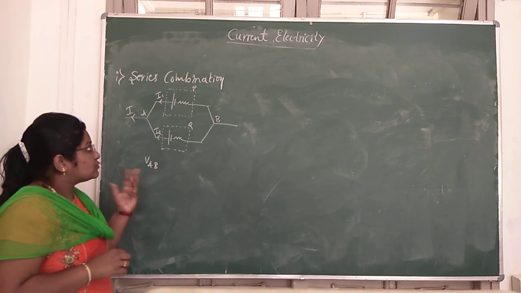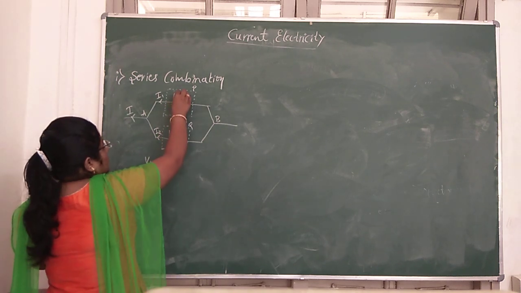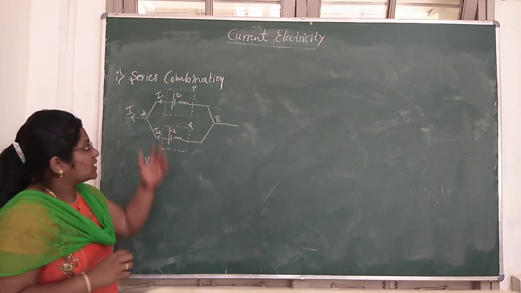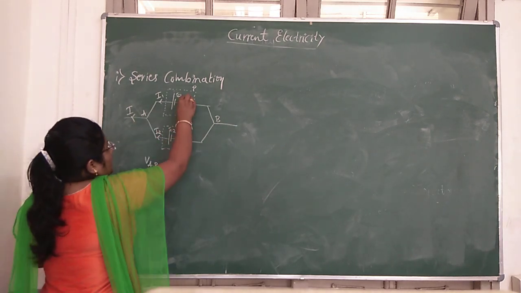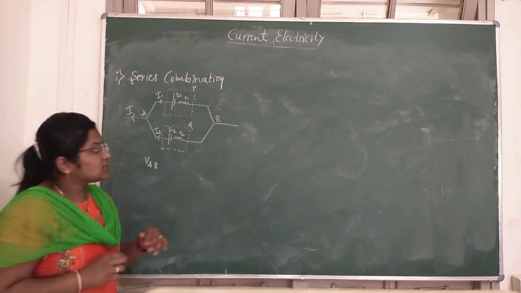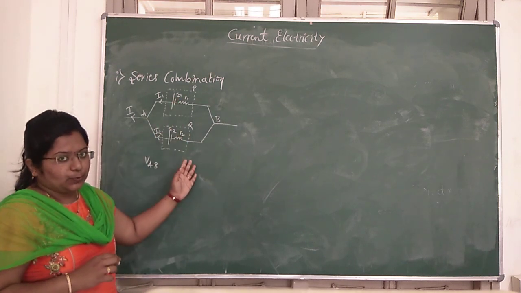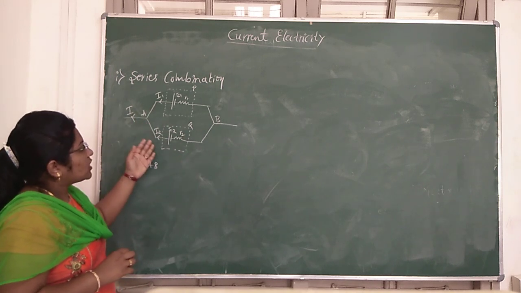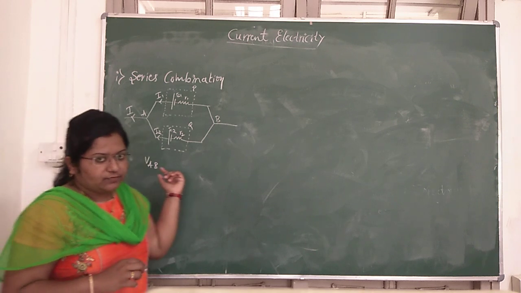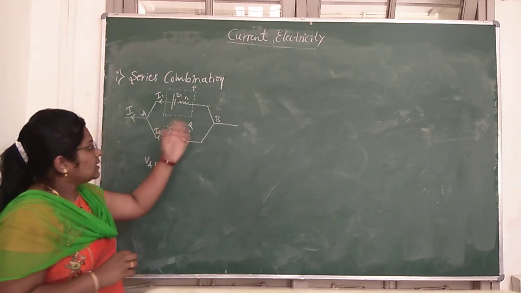Understood? As usual, E1 and E2 are the EMFs of the two cells P and Q, and R1 and R2 are the internal resistances of the cells P and Q. I1 and I2 are the currents sent by P and Q. VAB is the potential difference between the points A and B.